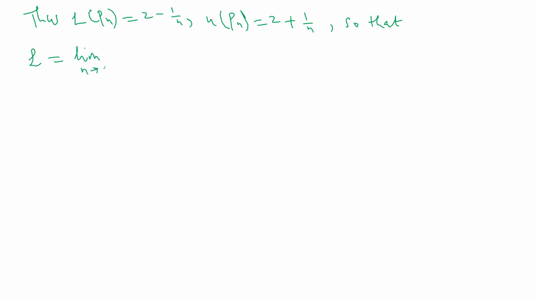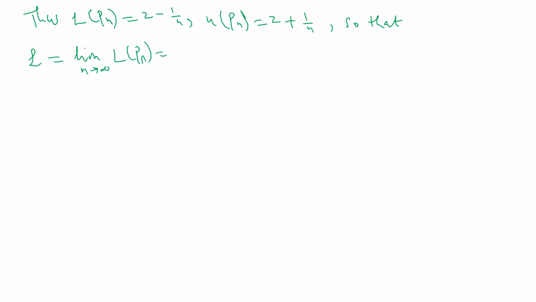So that's LPN, which is this, and UPN, so that the limit normally is script L. You can write like this. And then you find the limit as n approaches infinity of LPN.